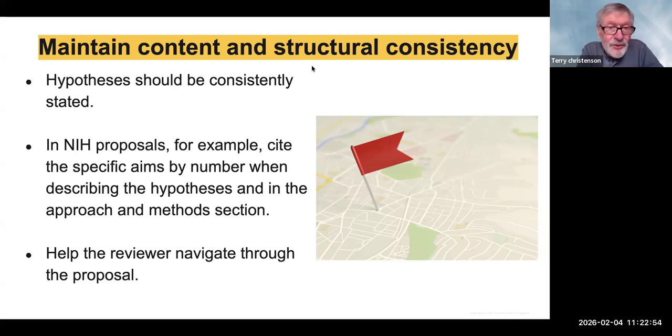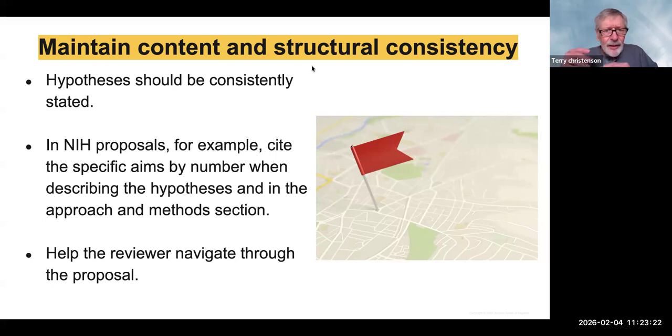So maintain consistency. Why am I mentioning this? Because I see this all too frequently when there is just an inconsistency. In NIH proposals, for example, I see a lot of NIH proposals, and I see this. Cite the specific aims by number when you're describing your hypotheses, or if you're in an approach or a method section.